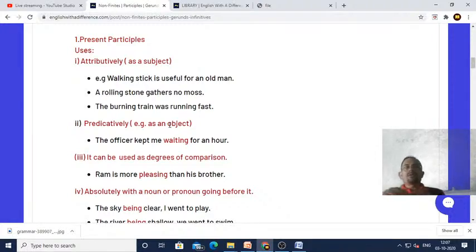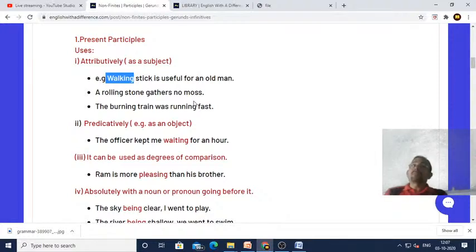So always remember that whenever an ing word is used before the noun, then ing is used attributively in the sentence. Always remember that. For example, here you see: walking stick is useful for an old man. After walking there is a noun, stick. So whenever an ing word is used before a noun, that ing word is used attributively in the sentence.